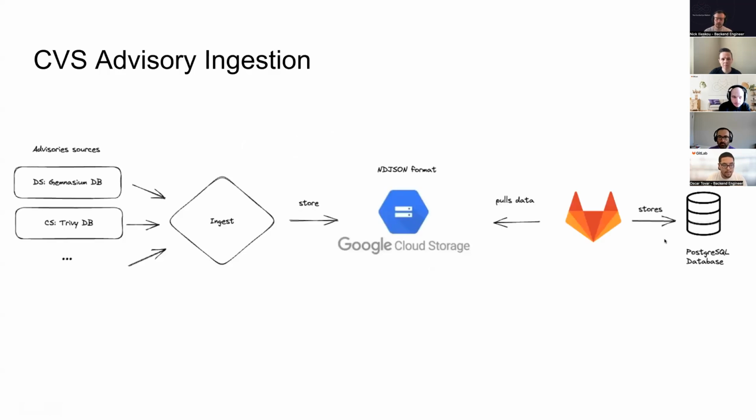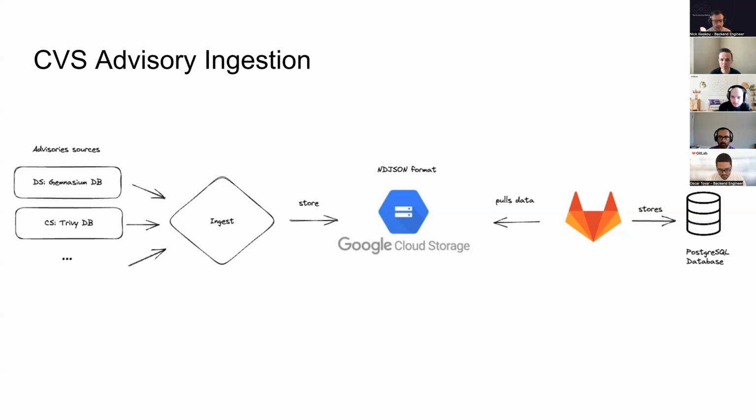So let me take a step back and explain the bigger picture of what we're trying to do. And please, if you disagree, just step in and let me know, because I'm also new to the whole system. The main idea is that for continuous vulnerability scanning, we want to provide GitLab with all the knowledge about all the advisories that exist. We have multiple sources of advisories.